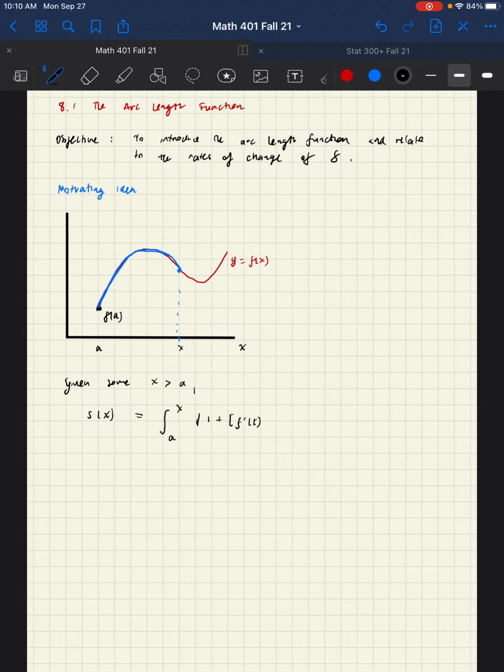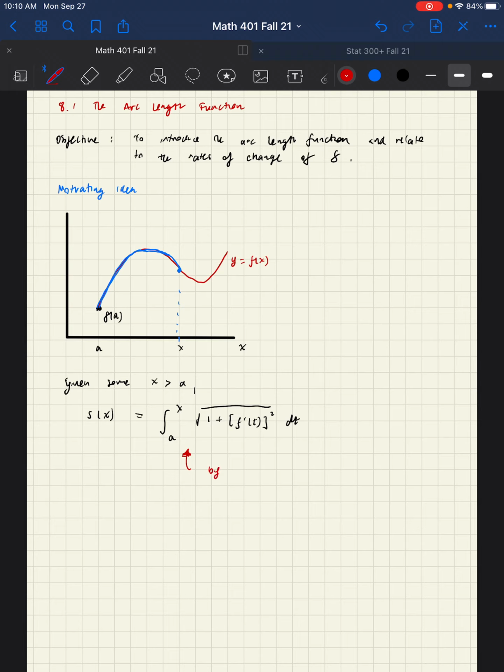Here I'm using a dummy variable t, not the t that I was using earlier. So the t here is a dummy variable. Really the variable that matters here is the x. So this is an integral defined function where for any given x along this axis, we're going to find s.